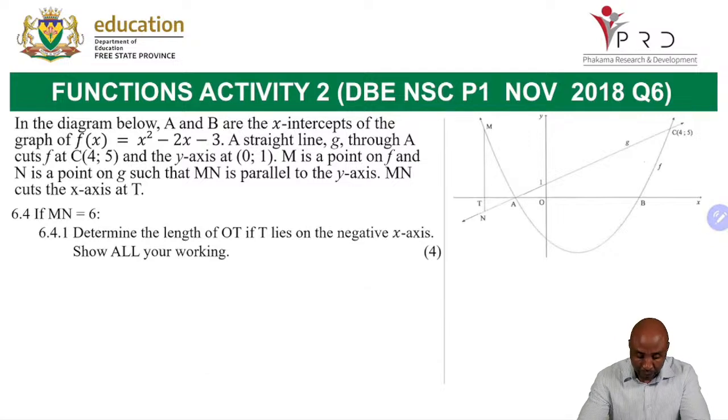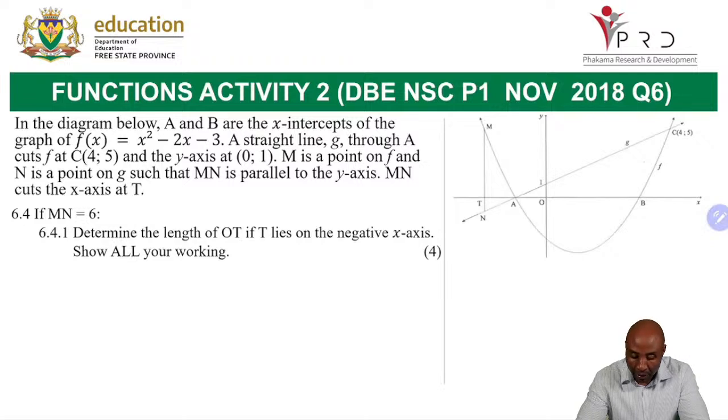So to determine the length of OT, OT is the distance from the y-axis to the point T. How do we get that one? Remember, MN is the distance between f of x and g of x.